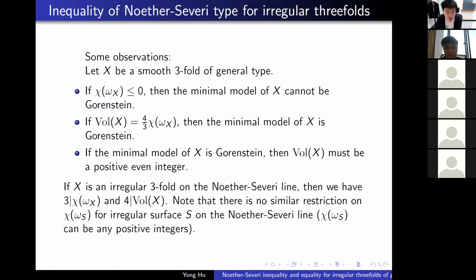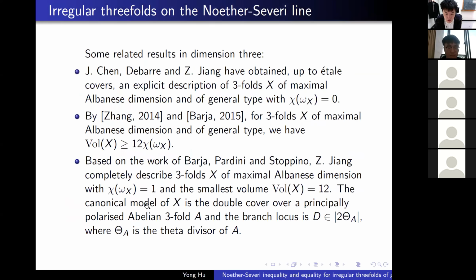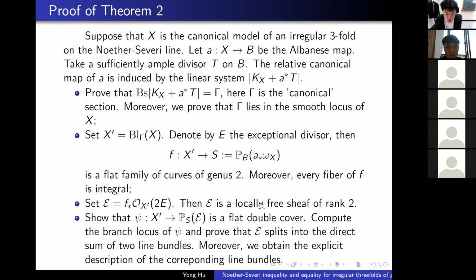In the last page of your proof, you say that the push forward, you mean this 2E one? Yes, it is a rank 2 vector bundle. So does it mean that the intersection of E and the fiber is one half? Yes. If we restrict E to the fiber, this is just a half of the canonical divisor. So 2E restricted to the fiber is just K_C, so the degree is 2.